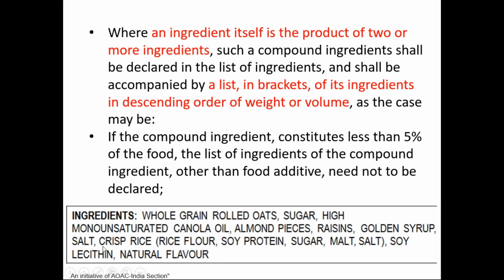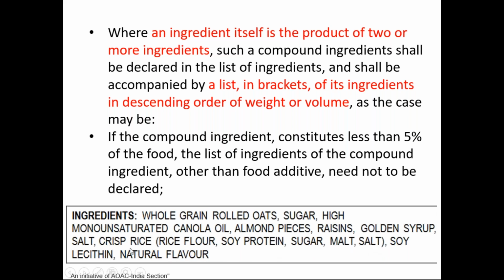So lower down here, you see that Rice Krispies are used. So the ingredients used to make Rice Krispies are rice flour, soya protein, sugar, malt, and salt in descending order.